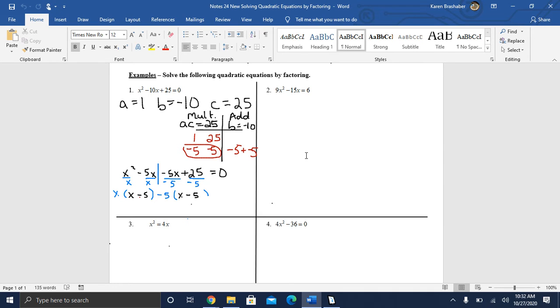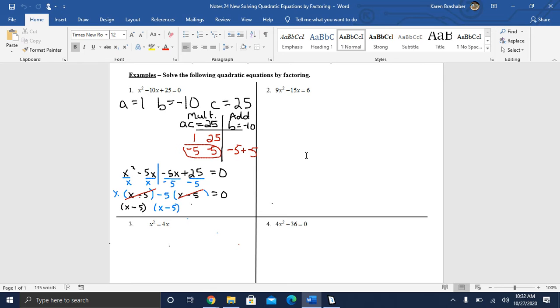So we have x minus 5 inside the parentheses equals 0. And so our common factor of x minus 5, and then I'm going to mark that out. And then what was not marked out is our other factor of x minus 5.